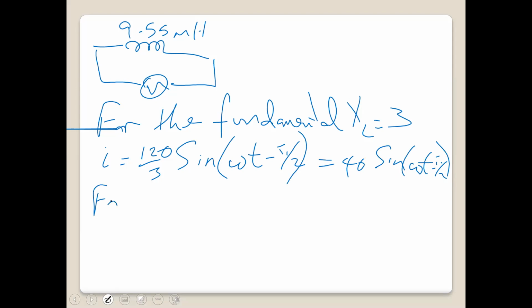For the third harmonic, let's work out XL.